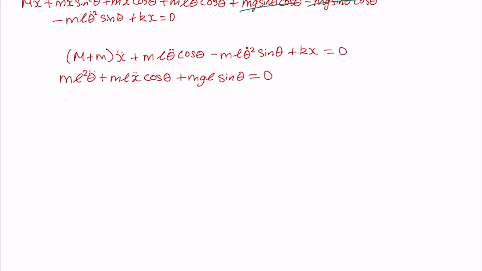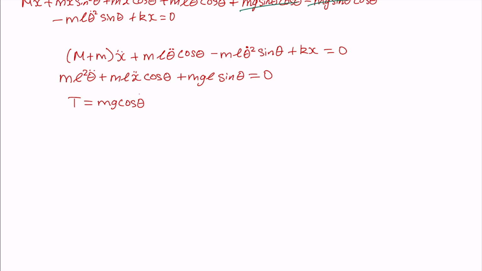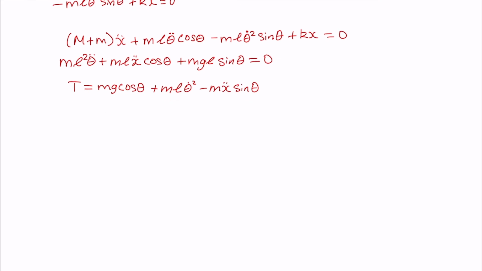For the tension, we have that T is equal to mg cosine theta plus ml theta dot squared minus m x double dot sine theta. And for the normal force, we have that N is equal to big Mg plus mg cosine squared theta.